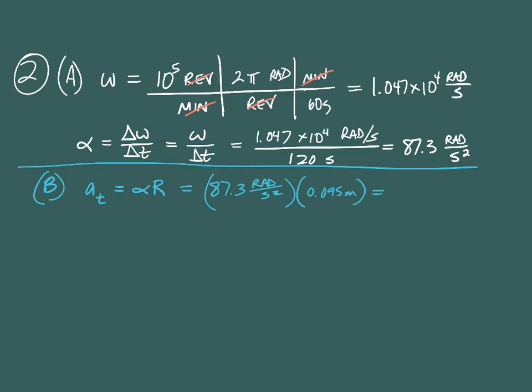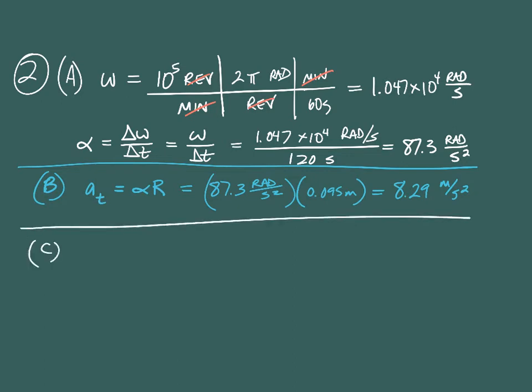And so we get 8.29 meters per second squared. So easy peasy, but we just had to do a conversion first.